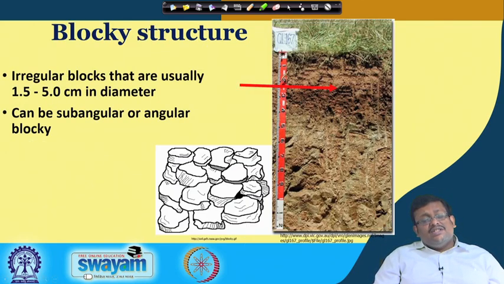Another structure is called blocky structure, and blocky structure basically consists of irregular blocks that are usually 1.5 to 5 centimeter in diameter, and it can be differentiated into angular blocky or subangular blocky based on the angle of different sides or different planes.